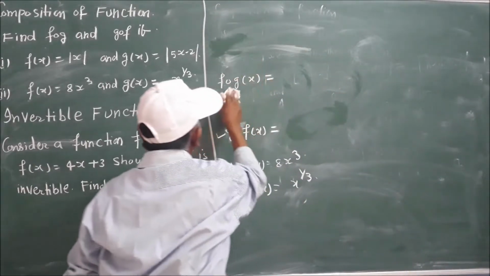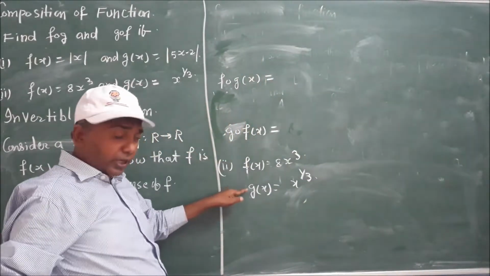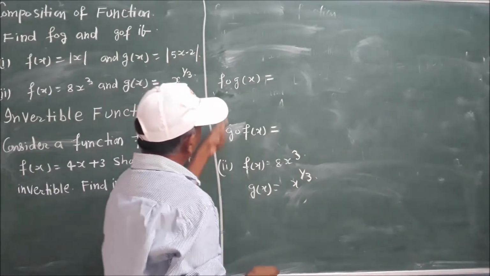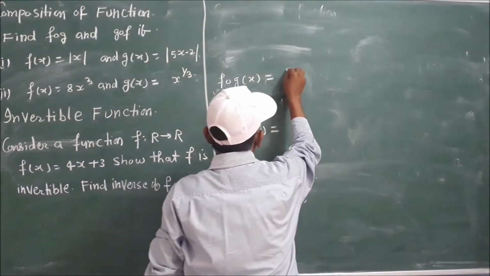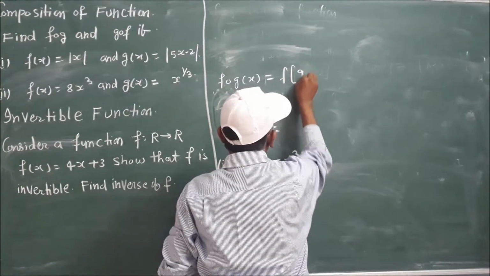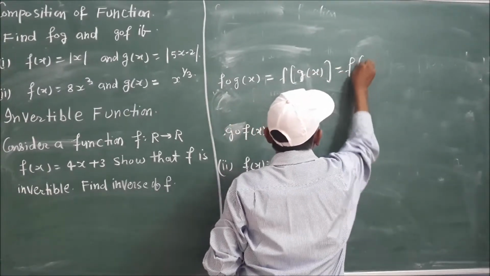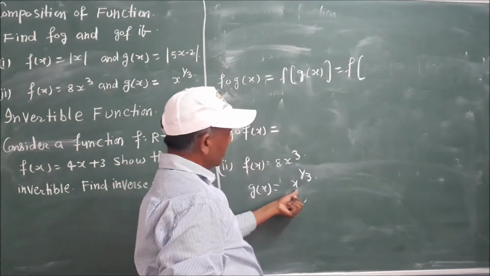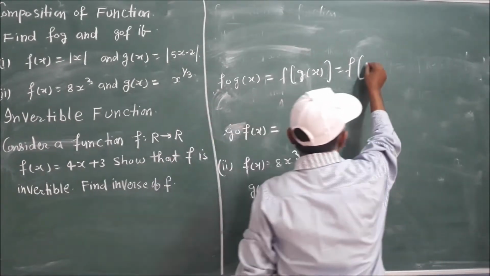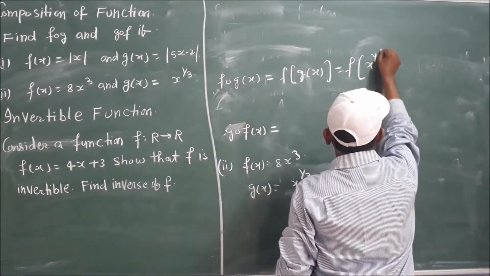So f of g x is equal to what? See here, these are the two functions. So f of g x is equal to f of g x, and g x is equal to x to the power 1 by 3.